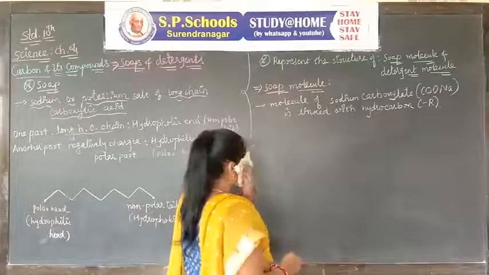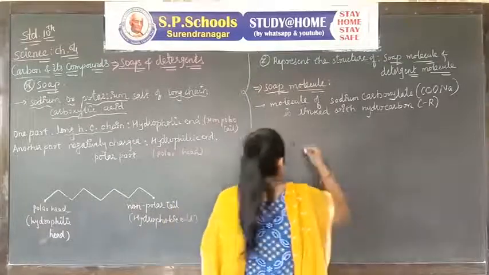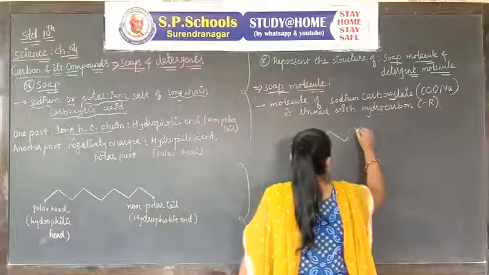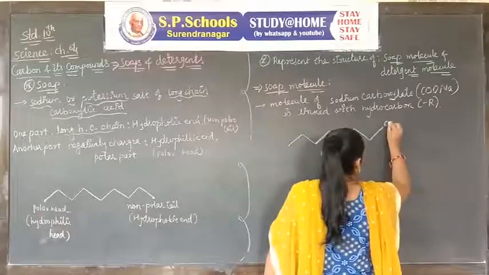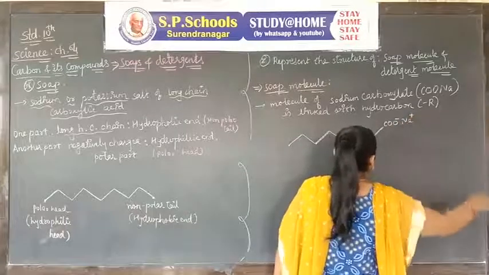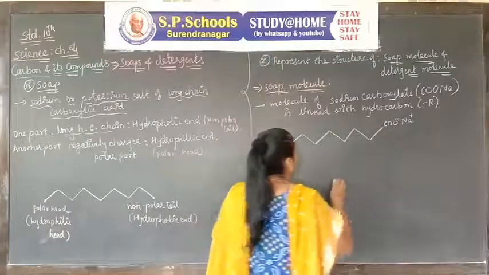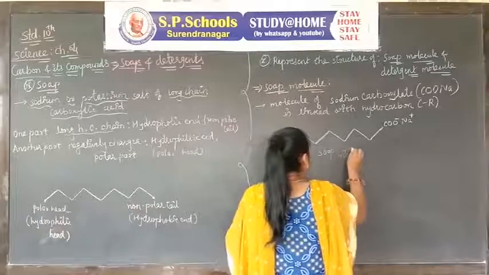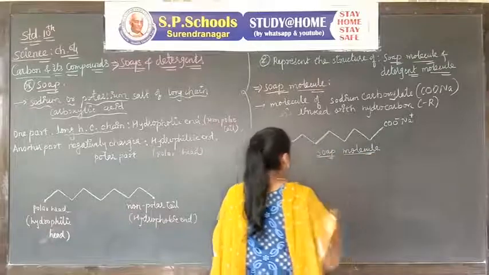Draw the structure of the soap molecule. So we write the zigzag pattern of this, and here COO minus Na plus. So this is called the soap molecule.